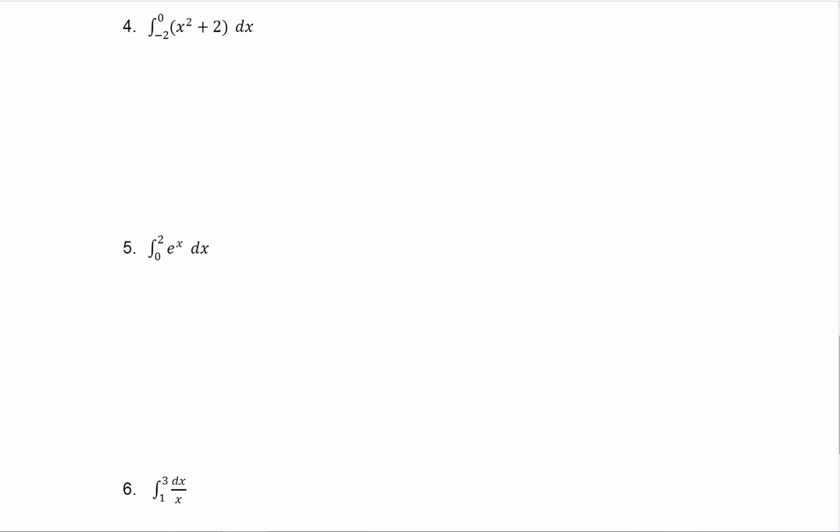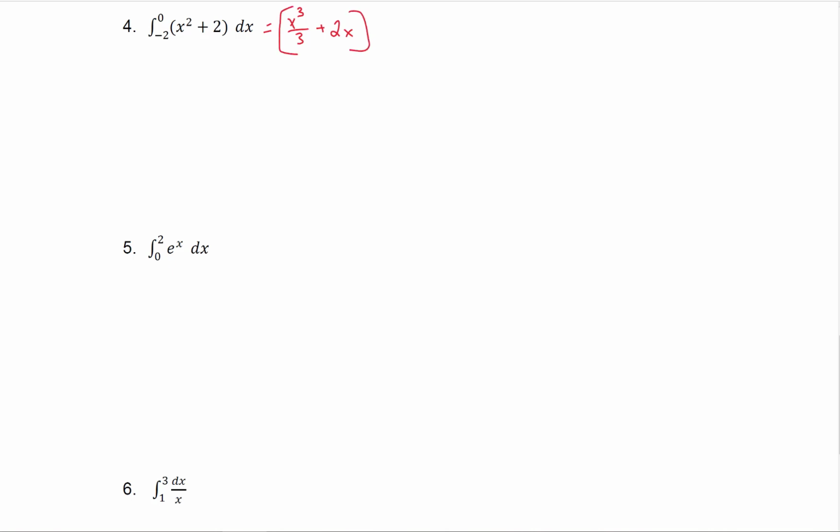All right, example 4. So the integral from -2 to 0 of x squared plus 2 dx. So first let's find the antiderivative of this. The integral of x squared is x to the 3rd over 3. The antiderivative of 2 is 2x.